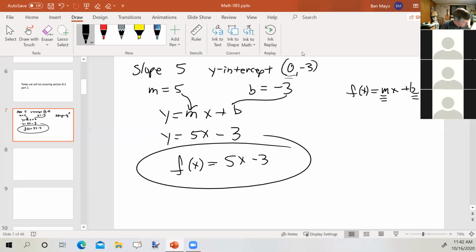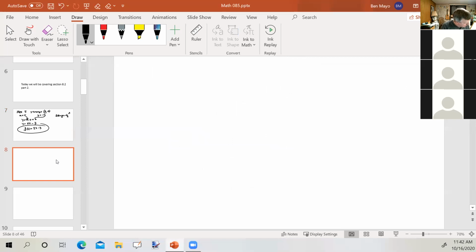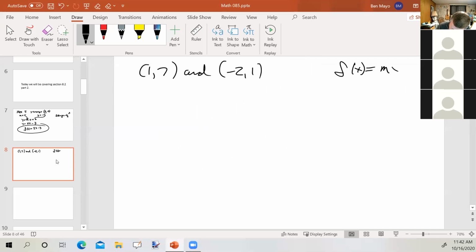Okay. Take a look at another example. Here we have an equation of a line, a function, that passes through the points (1, 7) and (-2, 1). Again, I want my final answer, f of x equals mx plus b, so I need to find m and b.